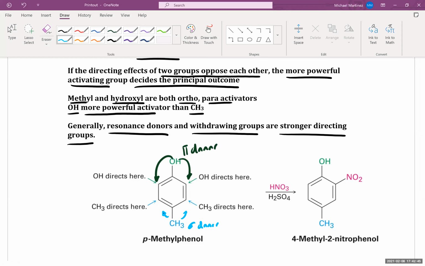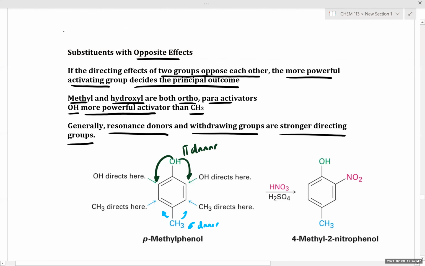So when you subject this substrate, para-methylphenol, to electrophilic aromatic nitration conditions, you install your nitro group preferentially at the ortho position relative to your stronger activating group, which is your hydroxyl group. Does that idea make sense? Stronger directing groups have preference for their directing effects.